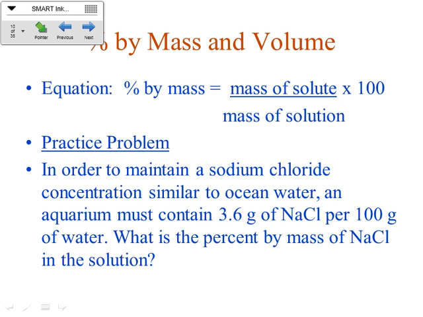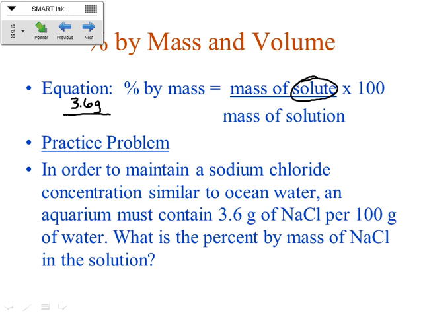Because we have to be thinking about what's the solute and what's the solution. What's the solute here? It's the NaCl, sodium chloride. I actually like this problem now that I noticed the trick. So the solute is 3.6 grams, divided by the mass of our solution.